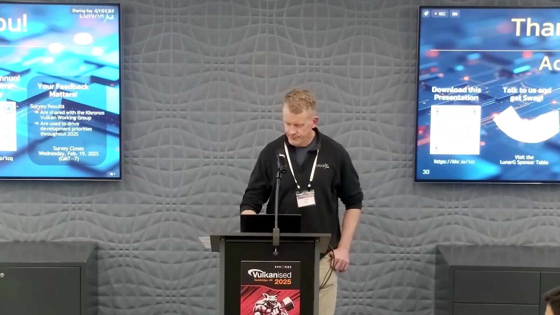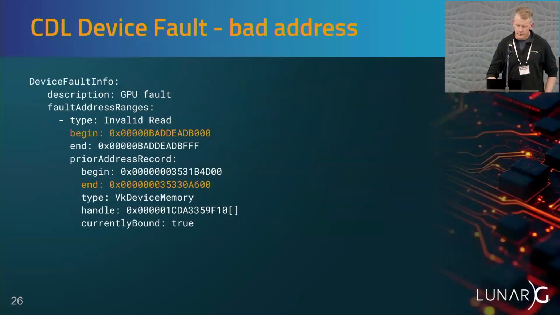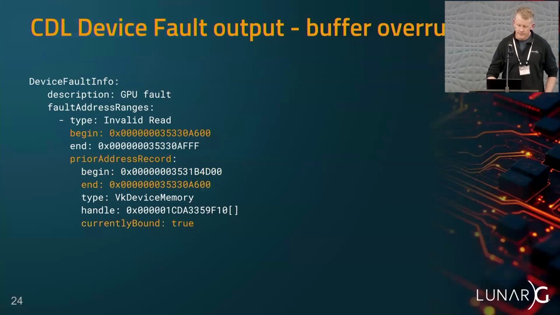CDL will tell you, so the device fault extension would tell you that you got an invalid access. And then with the range of address maps that we get from the device address binding report extension, that could... let's see. Yeah, so buffer runs. So this would be out of bounds.